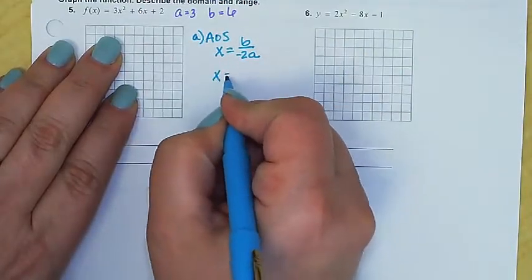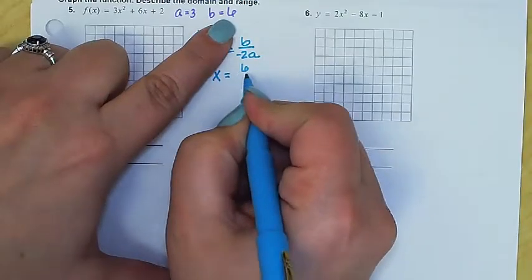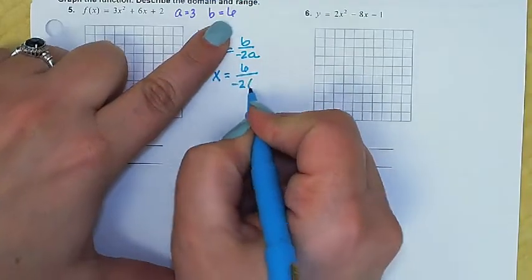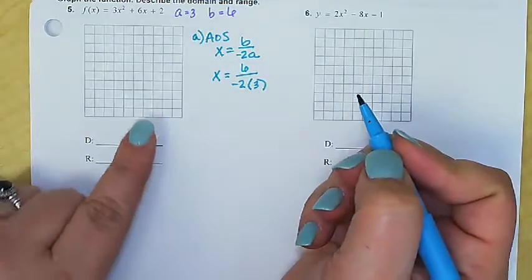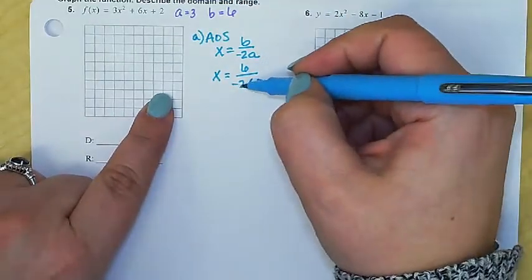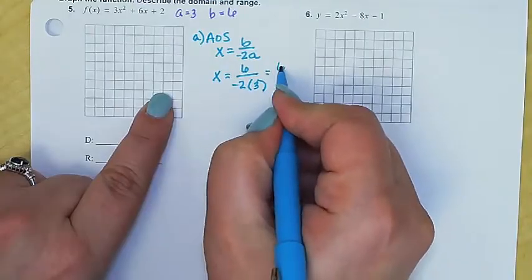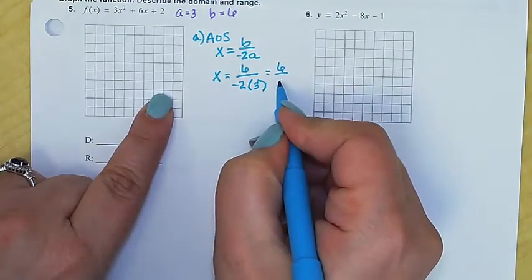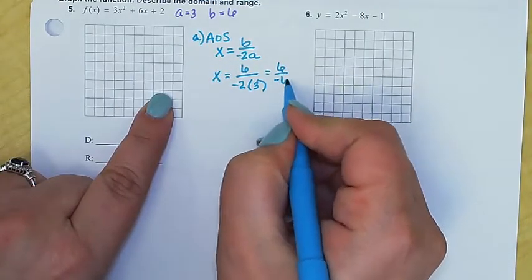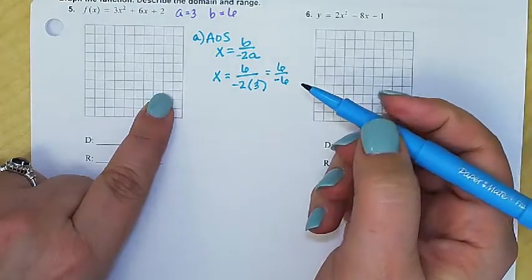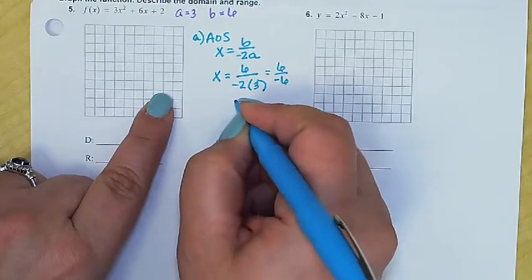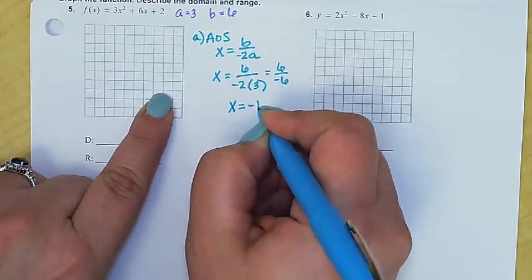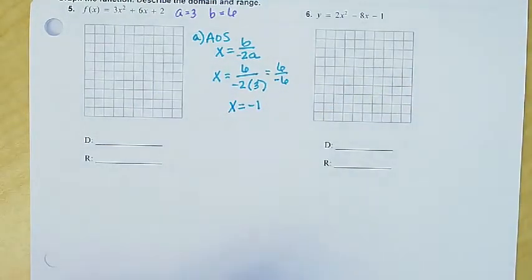So in this case, that means we're going to do 6 over negative 2 times 3. And negative 2 times 3 is just negative 6. And 6 divided by negative 6 is just negative 1.